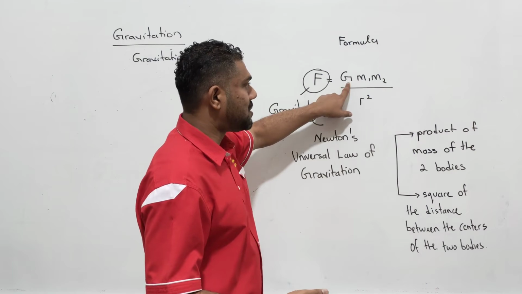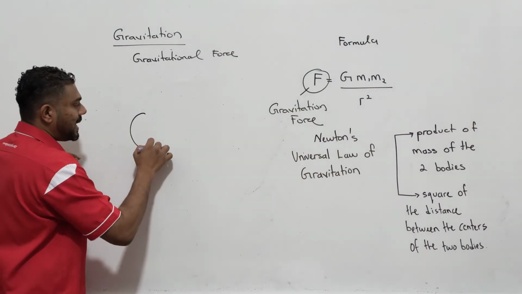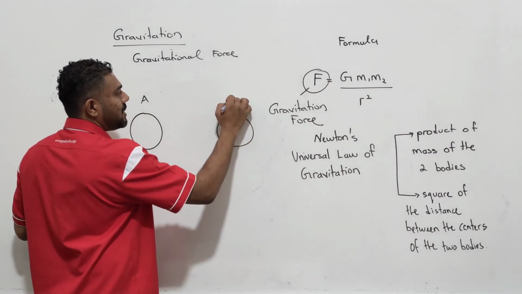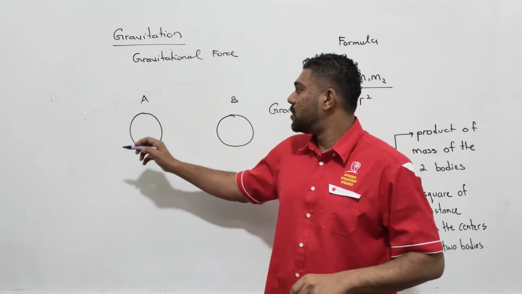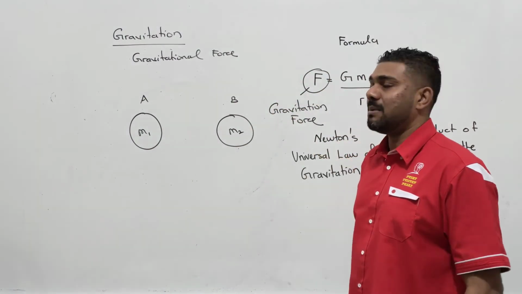So you've got the gravitational constant, mass m1, m2. So again, taking the planets, you've got planet A, you've got planet B. Planet A has mass m1, planet B has mass m2.